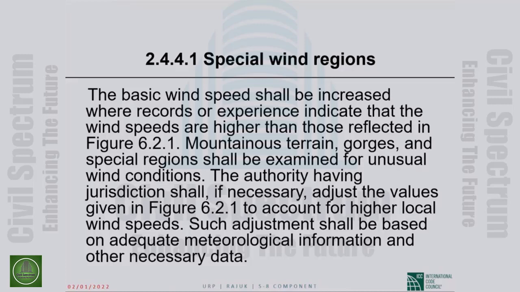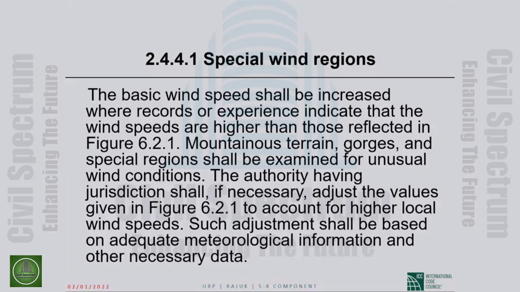So where we have this potential problem, let's say Chittagong or Chittagong Hill Tracts, what should ideally happen is that the local jurisdiction, there is Chittagong Development Authority, and if within their region there are such special wind regions, the most desirable scenario is that the authority will tell you what wind speeds to use for construction in those areas.